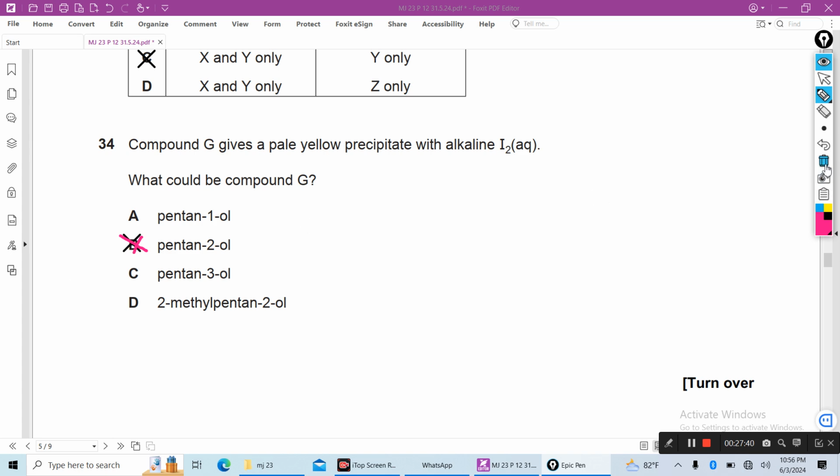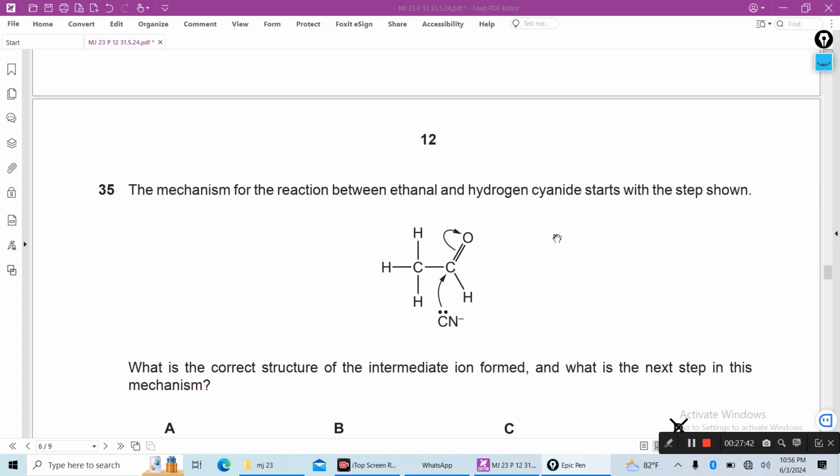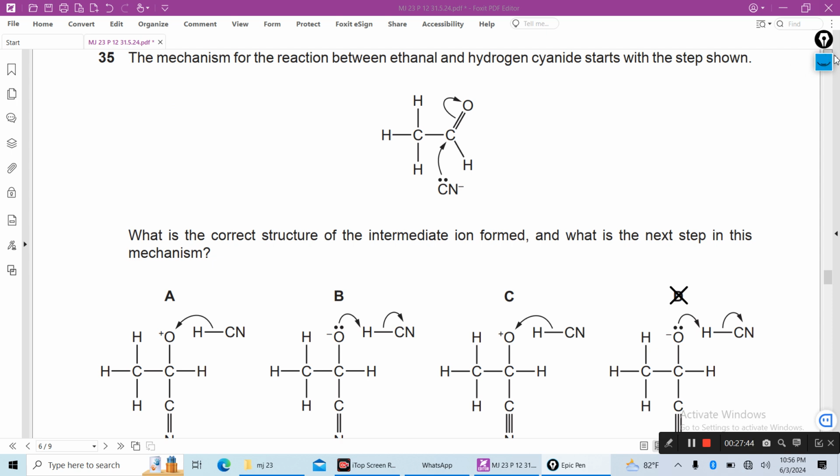Next, the mechanism for the reaction between ethanal, an aldehyde, and hydrogen cyanide starts with the step shown.